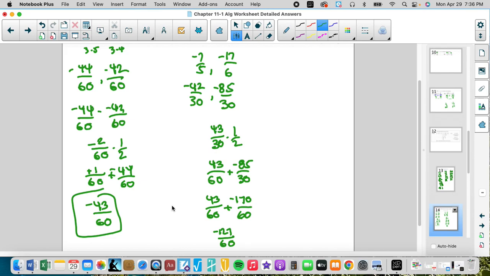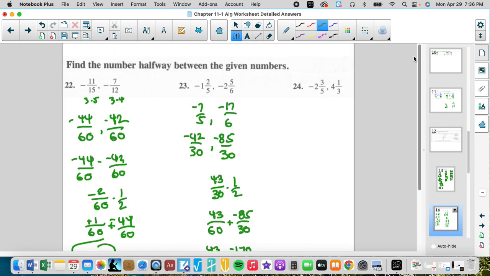Is that correct? Yeah. Oh, yes, because that was 30ths. This is 60ths. That cannot be. I'd still like to see if all these are right. I probably should have had the answer.